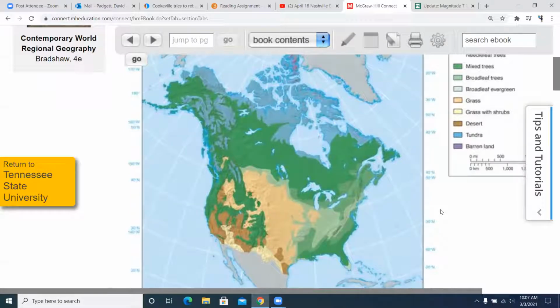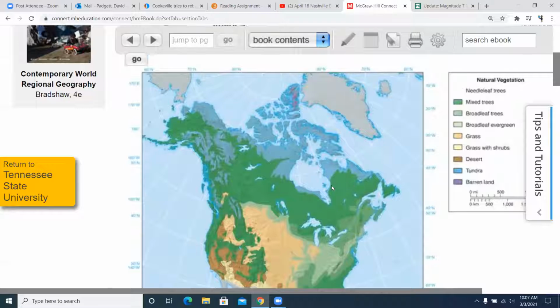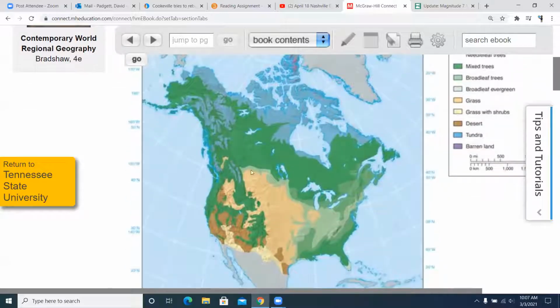And so again, you should familiarize yourself with the various vegetative cover. These are, of course, plants and trees and grasses. Some of them are pretty obvious: Great Plains, grass. Desert has desert vegetation, which is vegetation that has adapted to a desert climate.